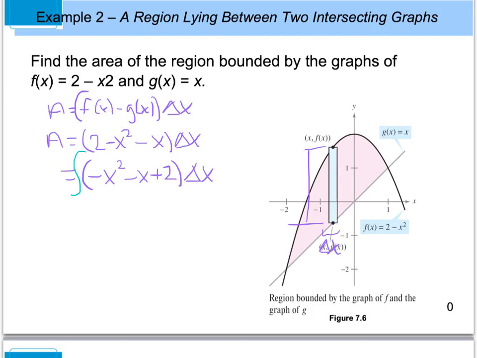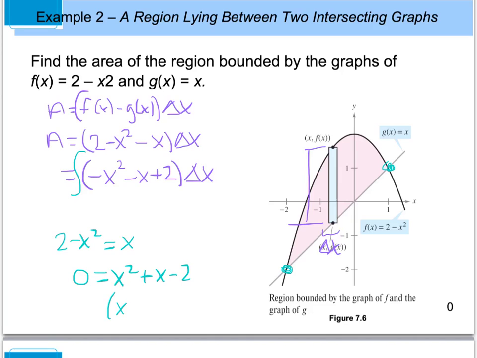This time, I have to find out what these points of intersection are, because I see I have a point of intersection here and a point of intersection here. To find those, I'm going to set my two functions equal to one another. So 2 minus x squared equals x. I want positive values of x squared, so I'm going to move my x squared and my 2 over and get 0 is equal to x squared plus x minus 2.